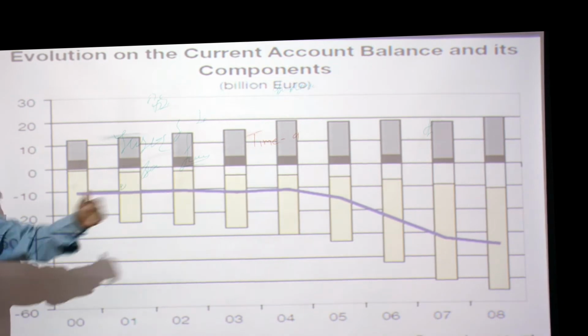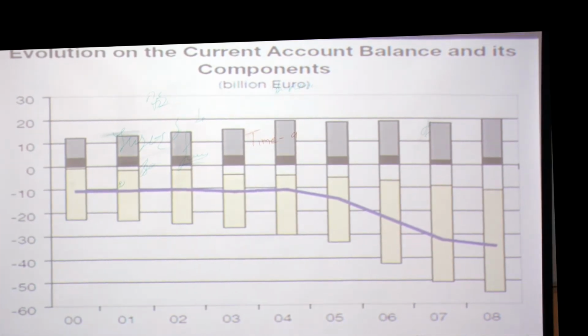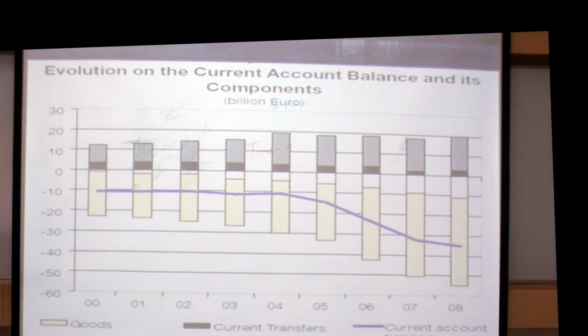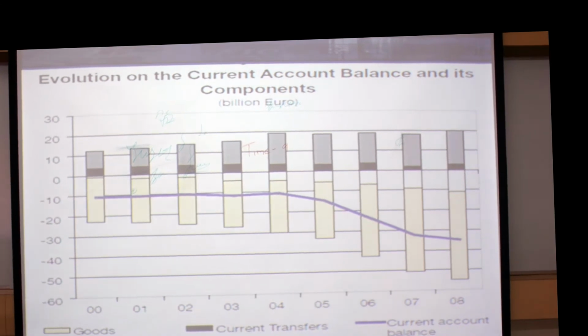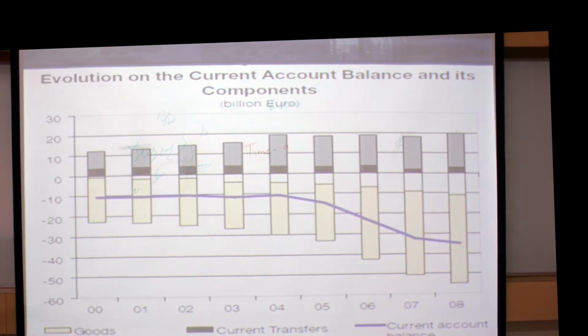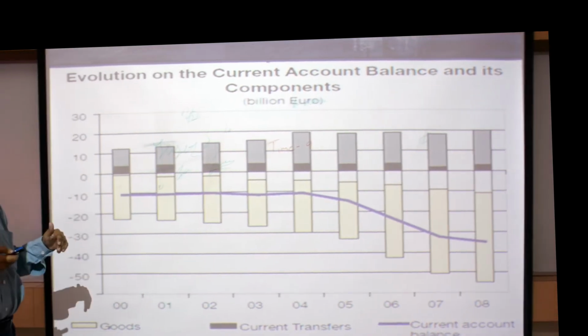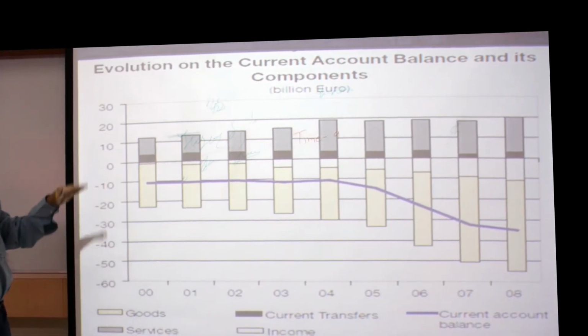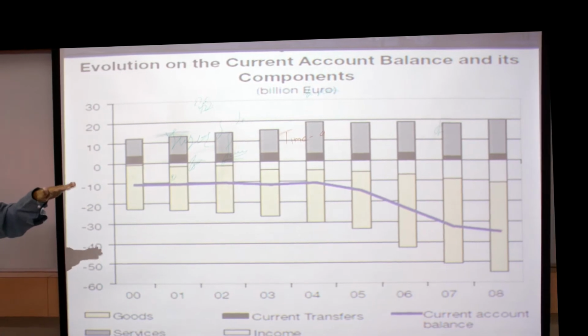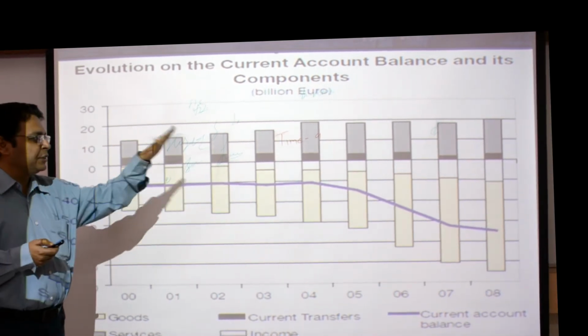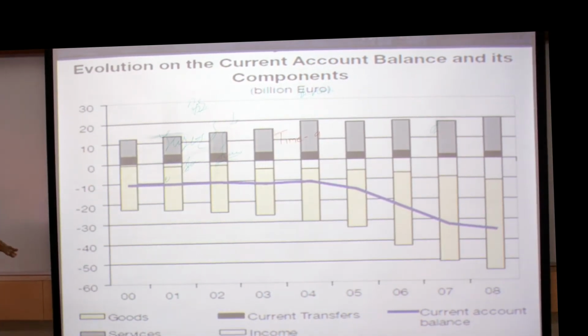The yellow bars are the balance of trade account. To a certain extent, it was balanced by some positive inflow into the services account, mainly tourism, but overall the current account balance, which is a combination of balance of trade and services, suffered a decline.